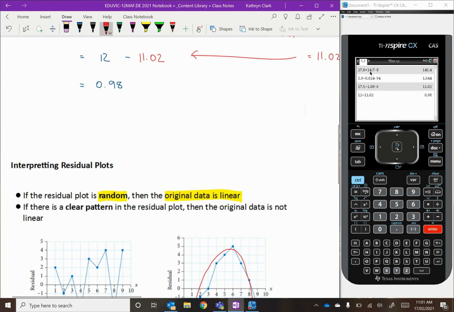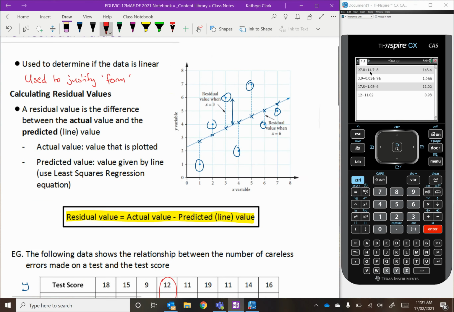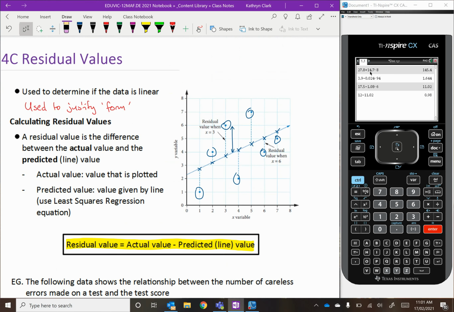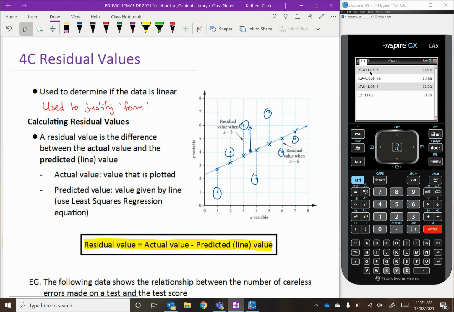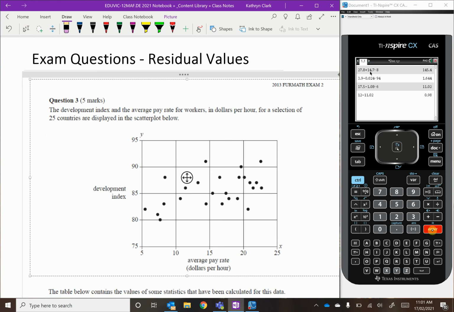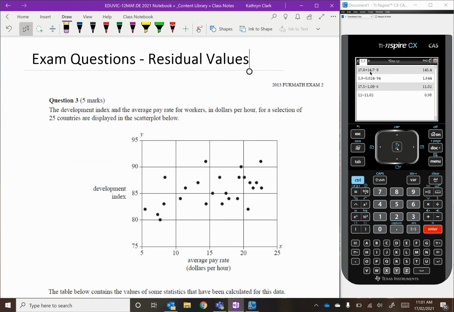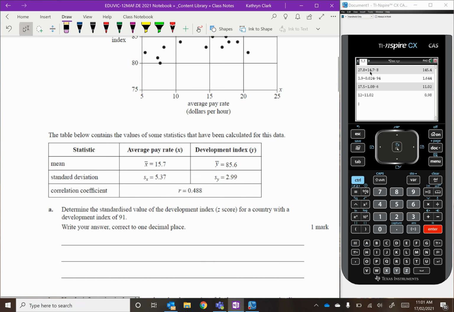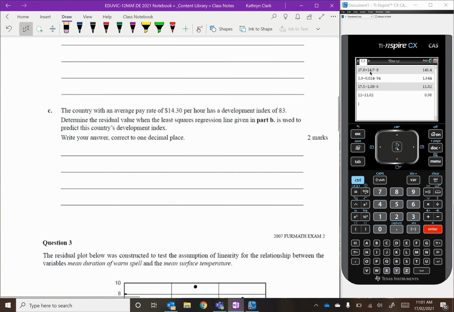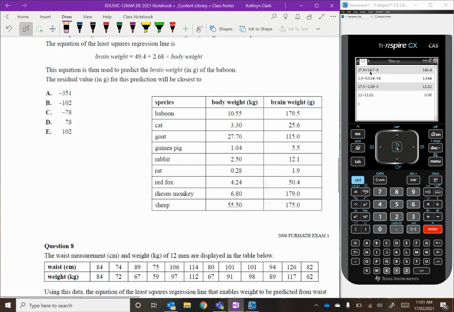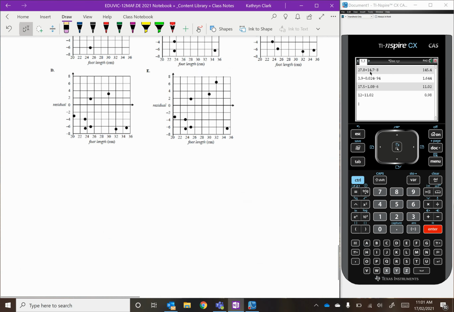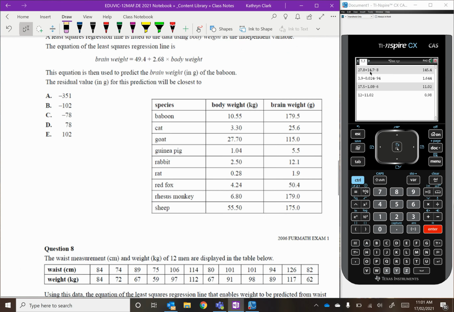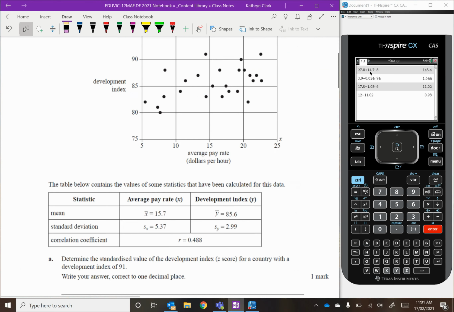Now I know I've gone over this stuff pretty quickly today, but we're going to spend some time tomorrow in class looking over these exam questions on both residual values and also interpreting and predicting values. So if you want to get started on that, you can.